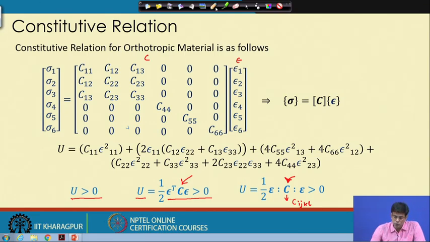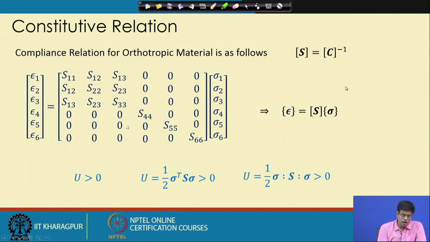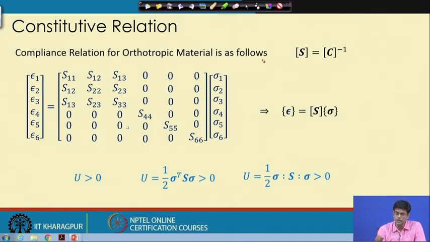Similarly, from the compliance relation, which relates epsilon and stress, just substituting C inverse, we can also say that half of sigma transpose S sigma, where in the tensorial notation S is Sijkl, a 4th order tensor, and here it is Sij, has to be greater than 0.